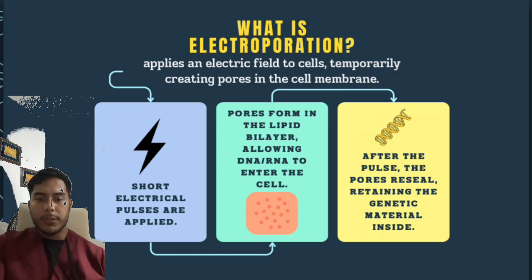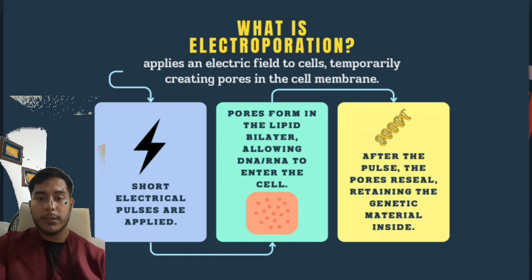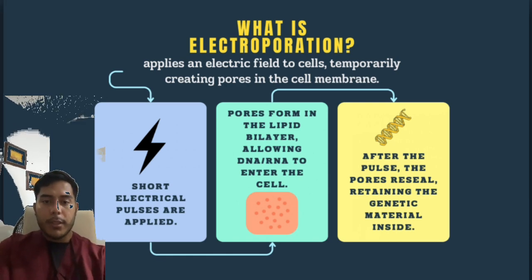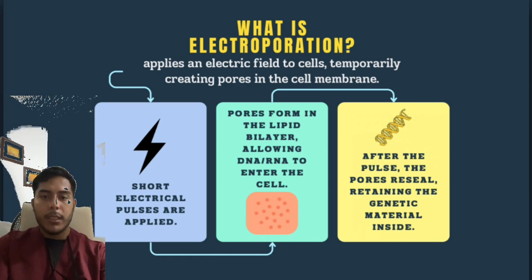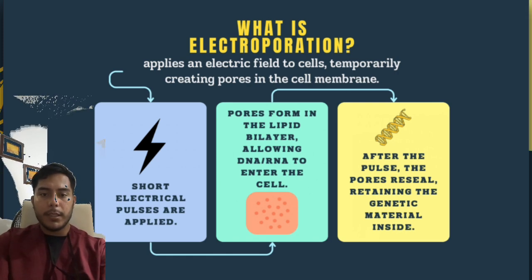What is electroporation? Electroporation involves applying an electrical field to cells. We create temporary pores in the cell membrane. The process starts with the application of a short electrical pulse to the cells. This acts on the cell lipid bilayer.